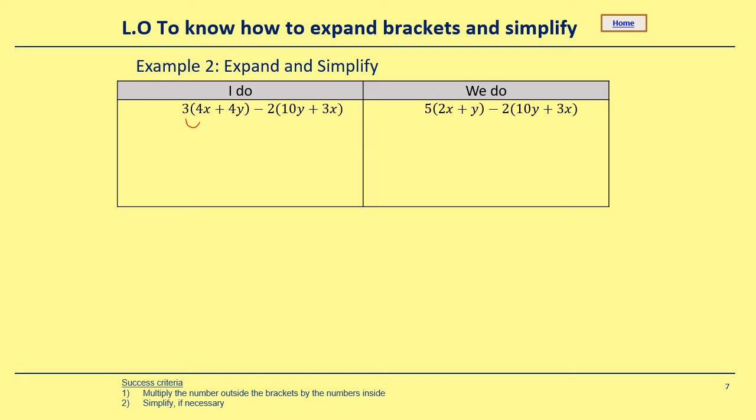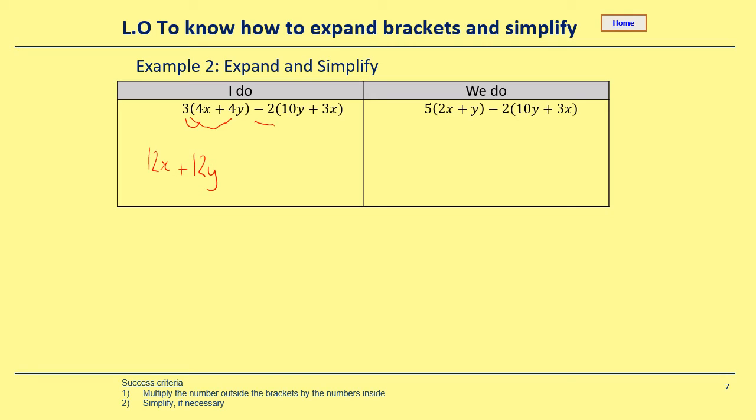Let's do 3 times 4x. Let's do 3 times 4y. 3 times 4x gives 12x. 3 times 4y gives 12y. Now what I'm going to do with this part, when I expand it, I'm going to treat this 2 as negative 2 instead. Okay?